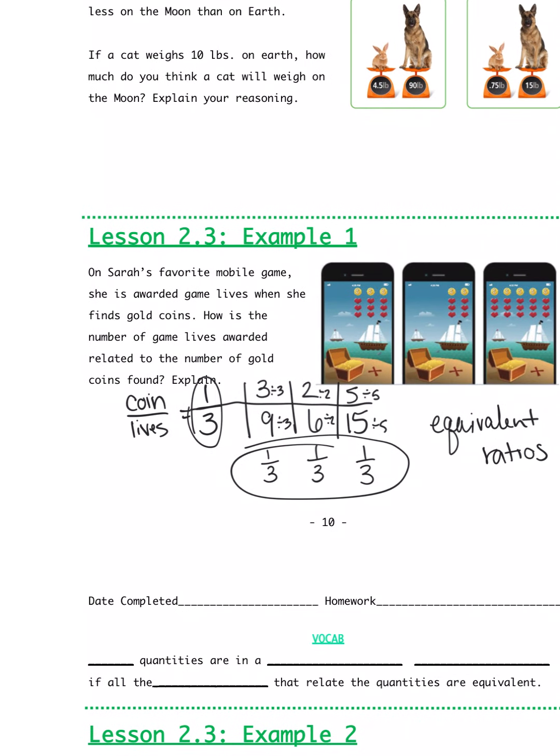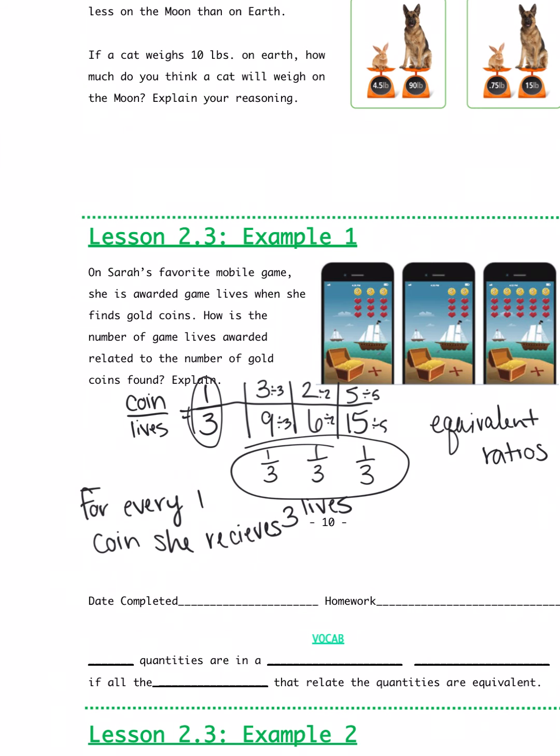So how is the number of game lives awarded related to the number of gold coins? For every 1 coin, she receives 3 lives. And that's your answer right there.